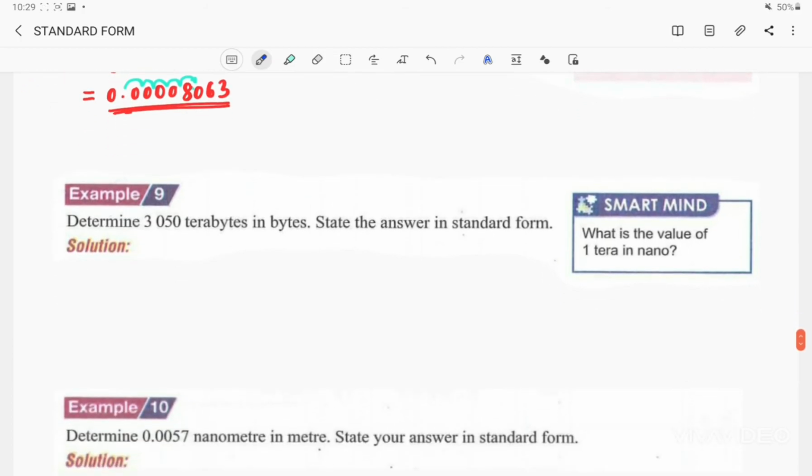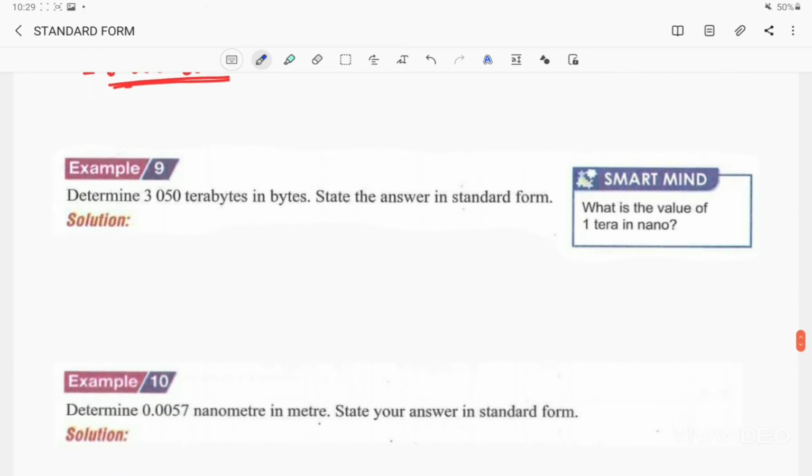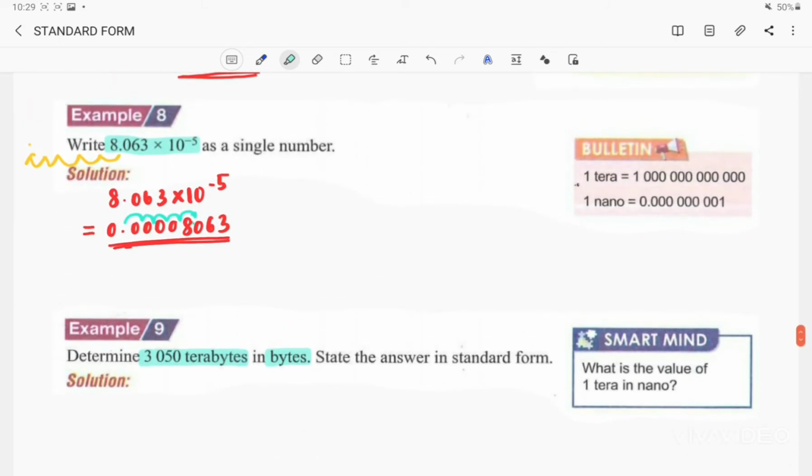Okay, now look at example 9. Determine 3050 terabytes in bytes. Apa dia terabytes? Apa dia tera? Bytes tu adalah unit. Tera tu apa? Okay, dia dah bagi dalam bahagian info bulletin. Tera is 1. Apa number ni?